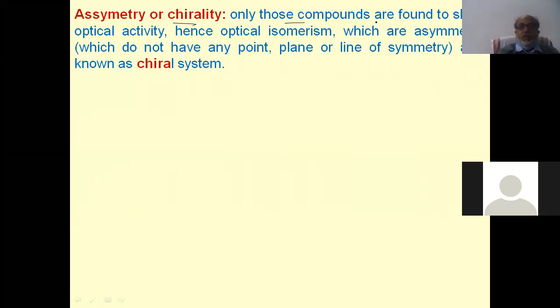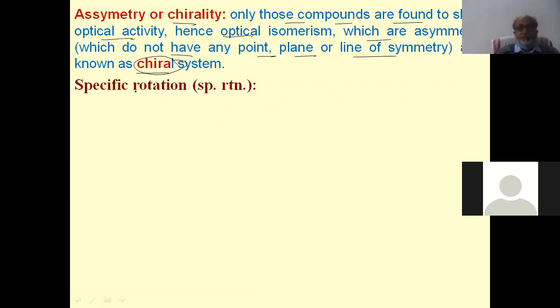Only those compounds show optical activity which are asymmetric, which do not have any point or plane or line of symmetry, also known as chiral systems. The word chiral is used in this case. You know what an asymmetric system is. It has to be structurally asymmetric. This is what we have to emphasize.